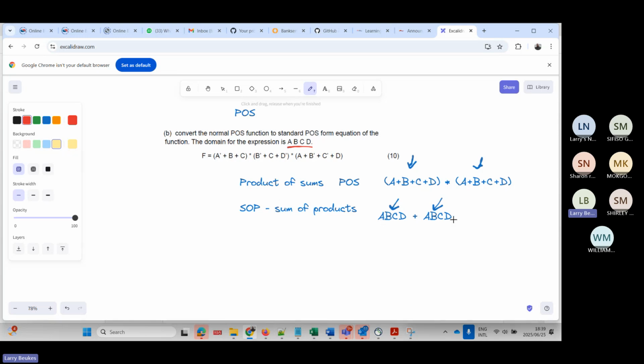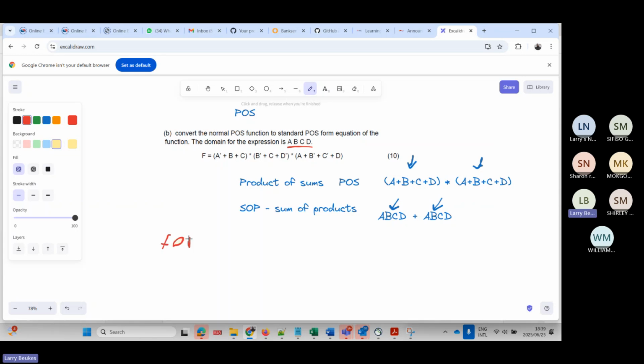Expanded form is just that we were in SOP format, right? So we'll do both examples. I know we have done expanded form, but I just want you to see the difference between the two. Let's start with the first term, the same way we do expanded form.